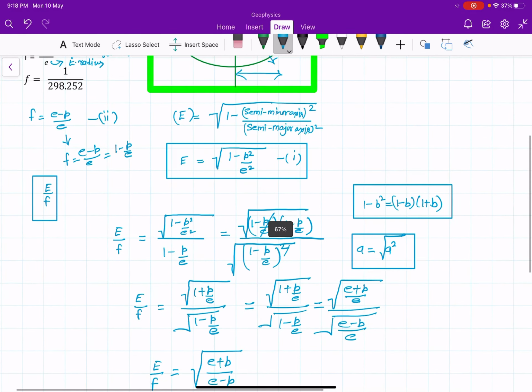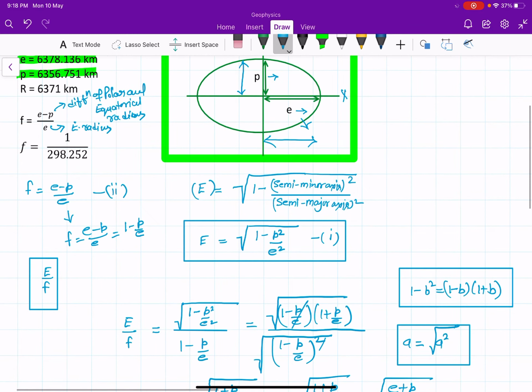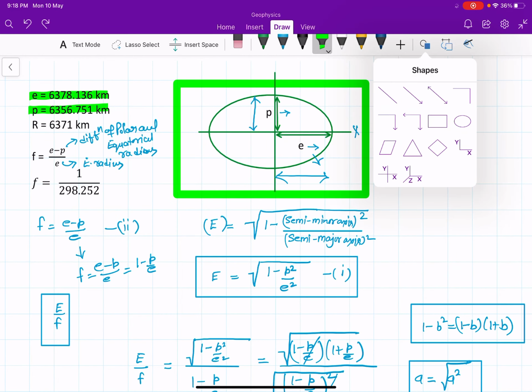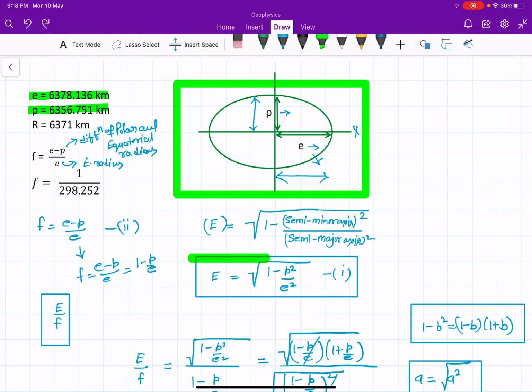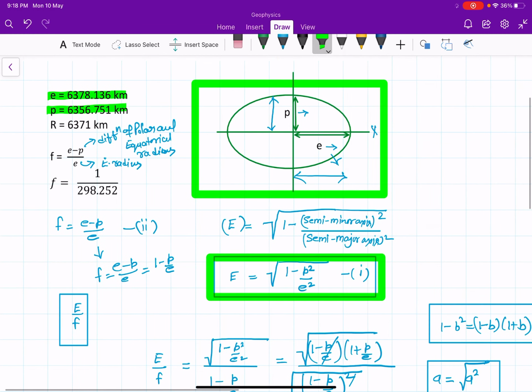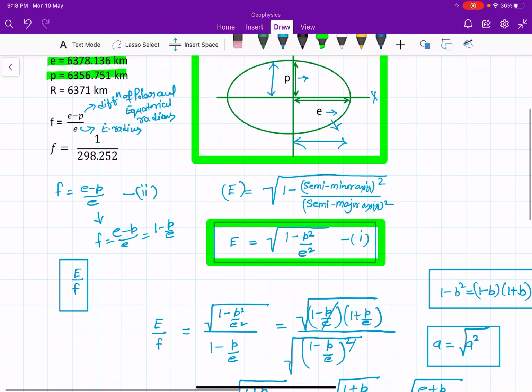You have to remember the formula of eccentricity, this one formula, and the other formula, polar flattening, which equals the difference of semi-major axis and semi-minor axis, that is the difference of polar and equatorial radius, to the equatorial radius.